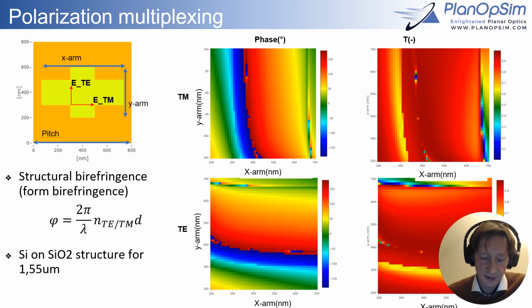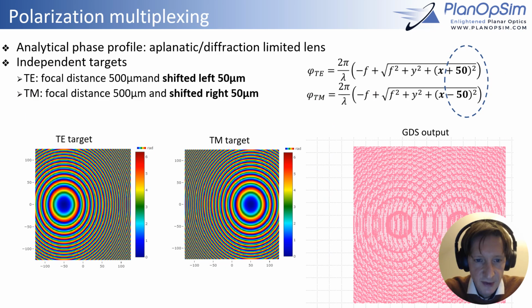So the TM field is mostly influenced by the horizontal arm, whereas the TE field is mostly influenced by the vertical arm. So this again allows us to select structures from this and create a library that allows us to multiplex the polarization. We did this in this example for 1550 nanometer, but the principle can be applied to any type of wavelength.